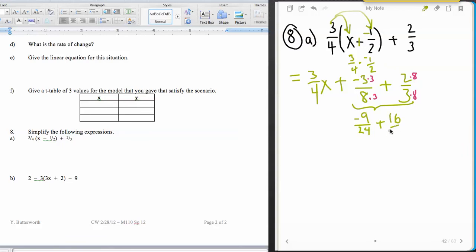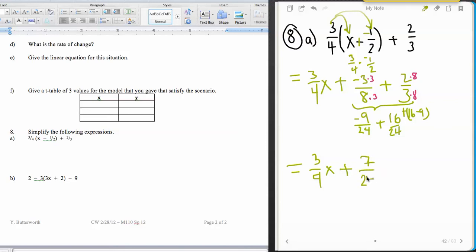And then that's over 24. And then of course what we have here is the bigger number minus the smaller number in the numerator, and we're going to keep the sign of the larger one. And so all that said and done, we're going to copy the first term, the 3/4 x, and then we're going to add in 16 minus 9, which is 7, and that's 7/24.